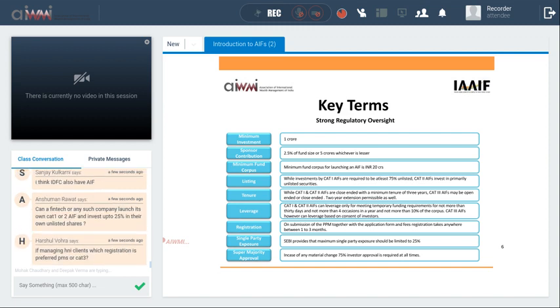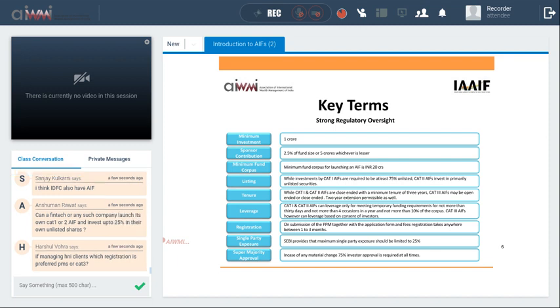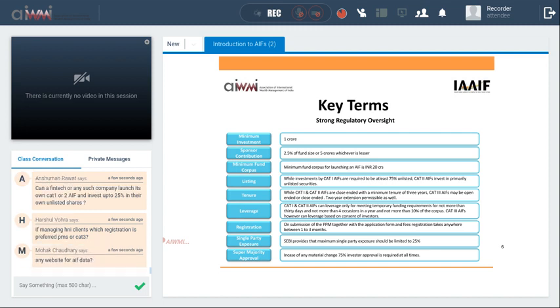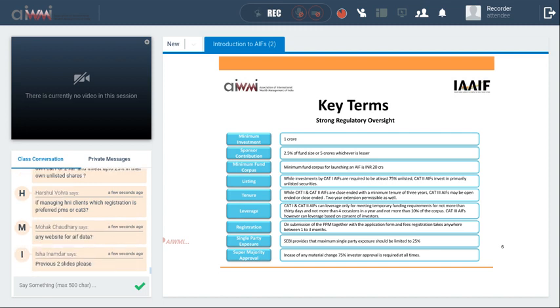Sanjay Mehta asks, what is the ideal allocation for an AIF? So again, this really depends on investors' appetite. There can be no standard answer for that. However, given that an AIF requires a minimum investment of about 1 crore, you wouldn't want any single AIF to be more than 5% of the investor's portfolio.